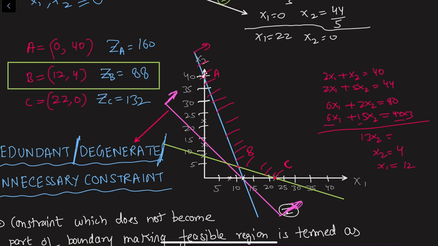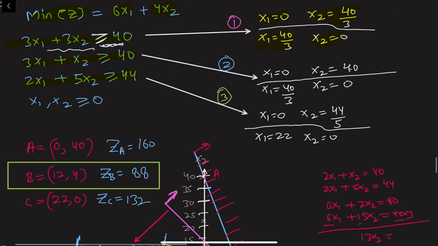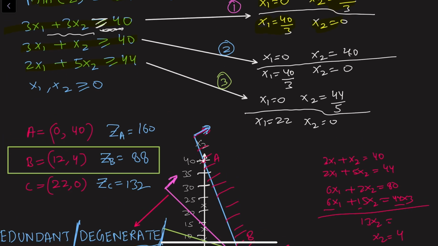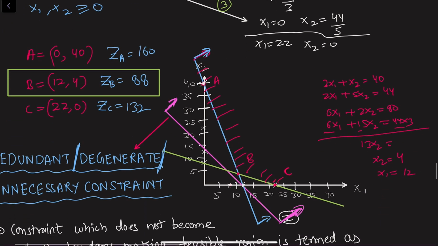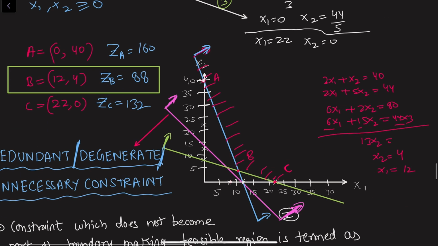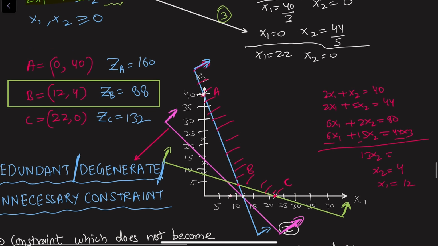Similarly, for the blue line, the region will be forming something like this, right? And I have one more equation, the third, denoted by green. This also is greater than or equal to, so it should be on or above the line. So if I find my feasible region, it will be something like this. This will be my feasible region, right?